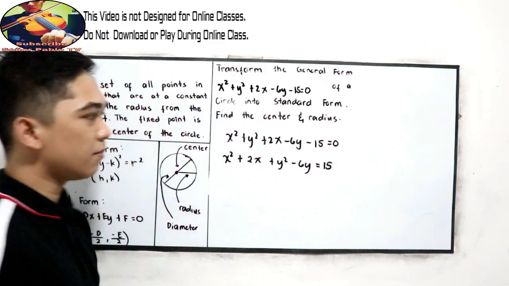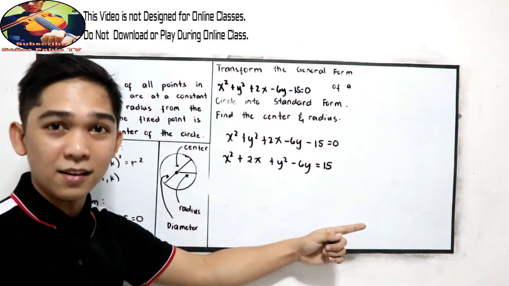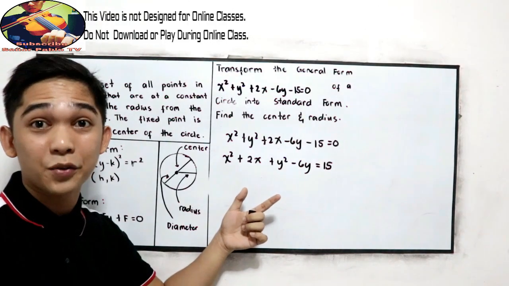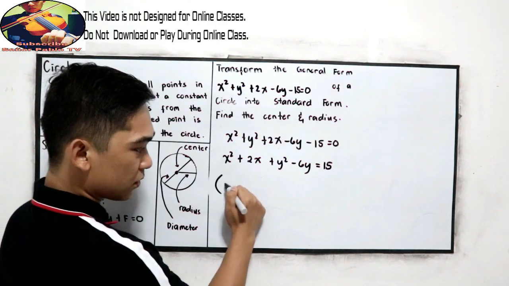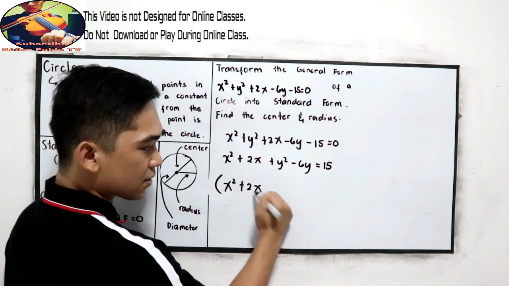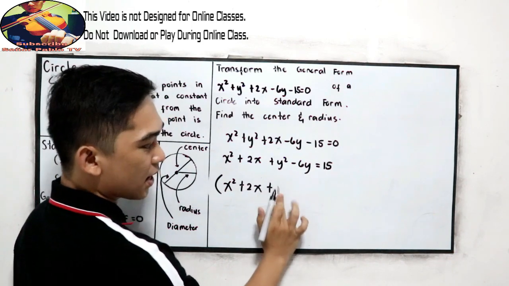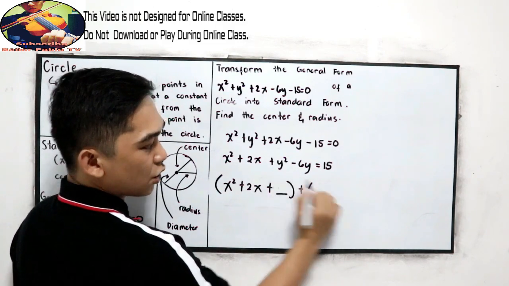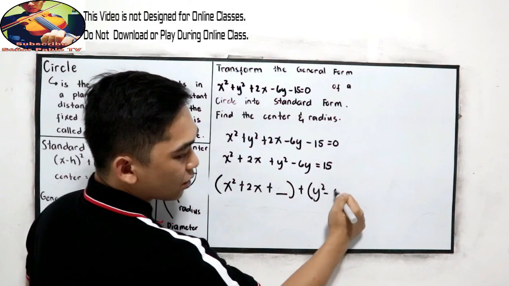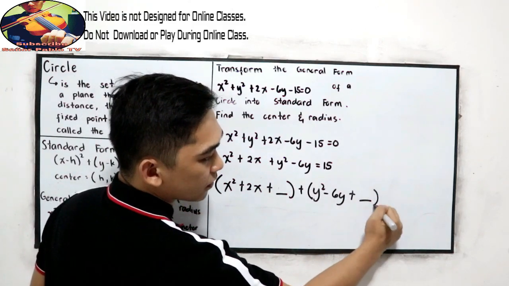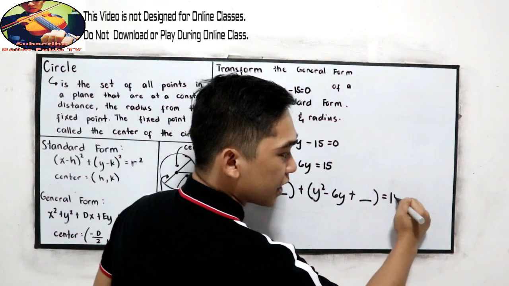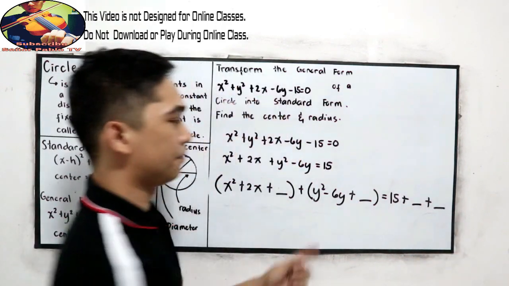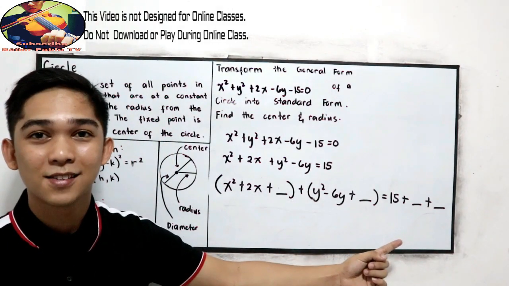Positive 15. Next, regroup and make it a perfect square trinomial. So regroup: x squared plus 2x plus blank, plus y squared minus 6y plus blank, is equal to 15. We added two blanks to make the equation balance.